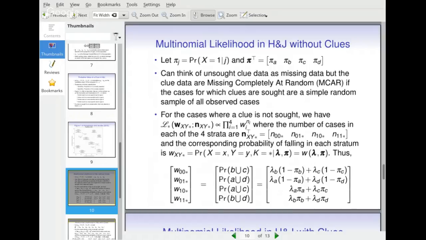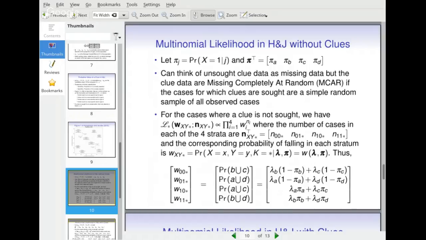But we can write a multinomial likelihood for those cases that's going to have 4 possibilities, just based on the 2 squared combinations of X and Y, which are both binary. So the 2x2 table. And the multinomial likelihood can be written as the product from 1 to 4 of W's, which are probabilities, raised to n, which are the number of cases that you observe falling in that bucket of the 2x2 table.